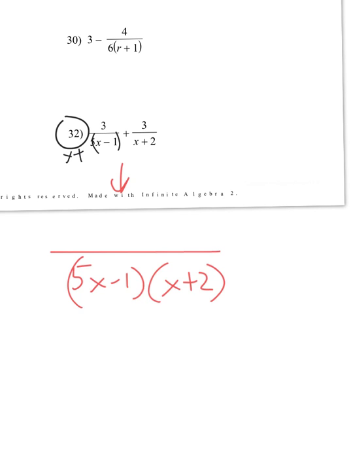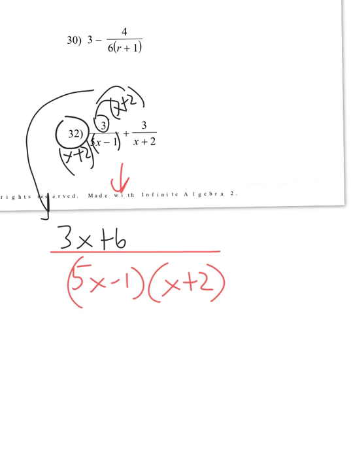I need to multiply this one by x plus 2. So I got to do the top times x plus 2. Notice I had a 3 up there. That needs to get distributed. So I'm going to distribute that and write that down on the top. That will be 3x plus 6, when I distribute that 3 to the x plus 2 I'm multiplying by.